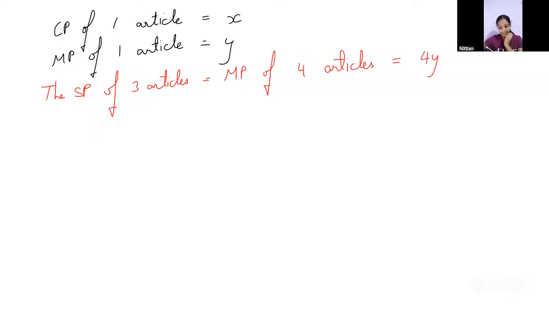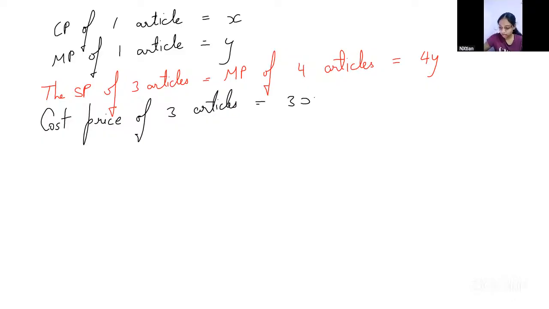And if the cost price of one article is X, then the cost price of 3 articles will be 3X.